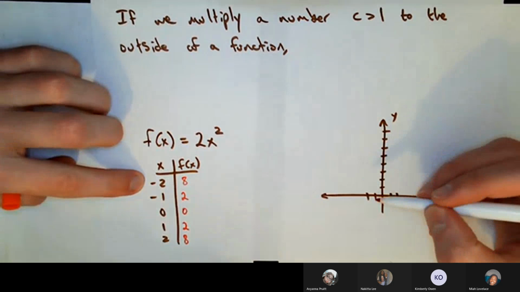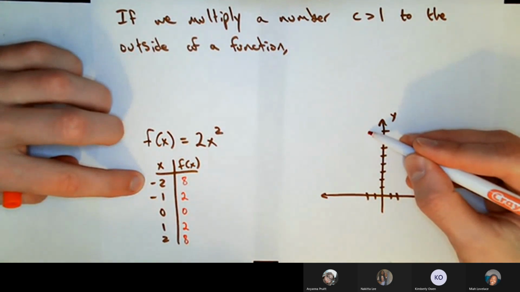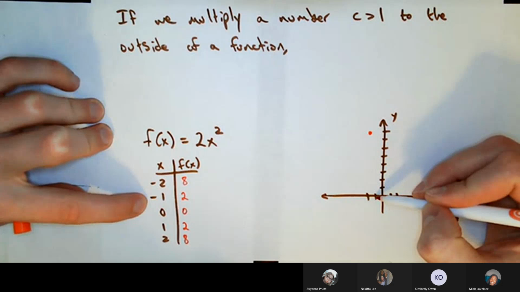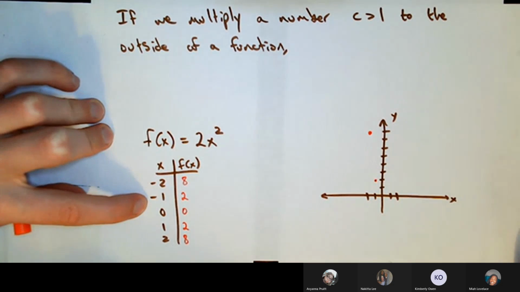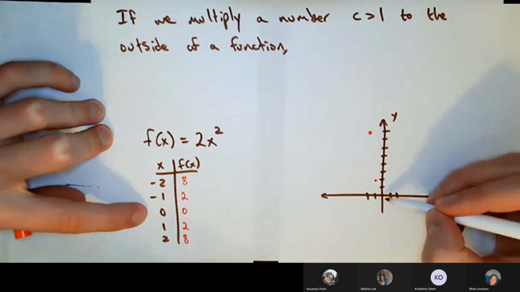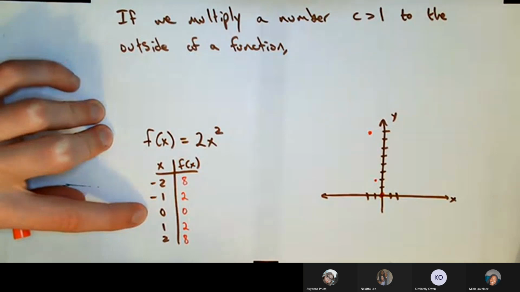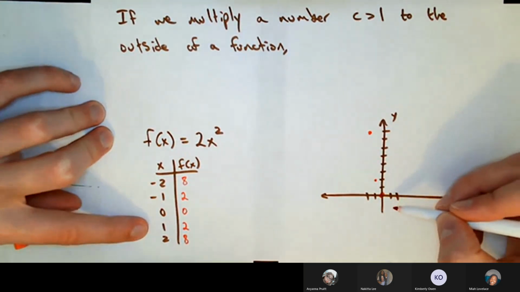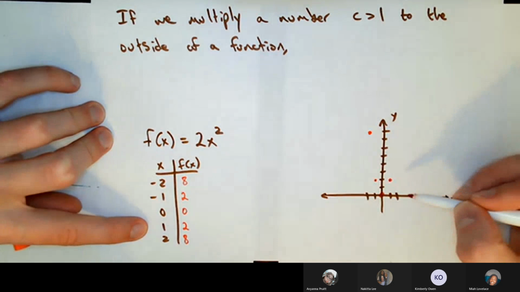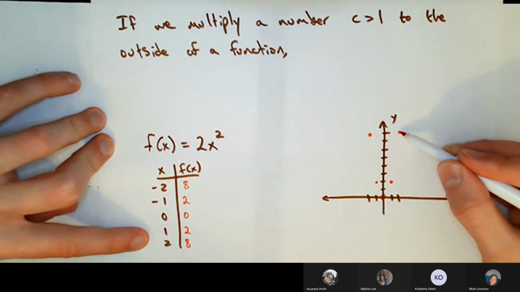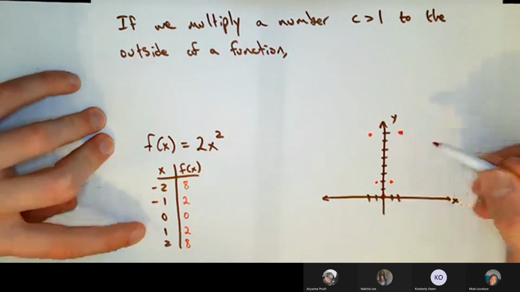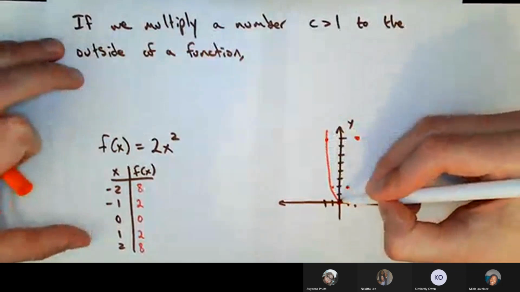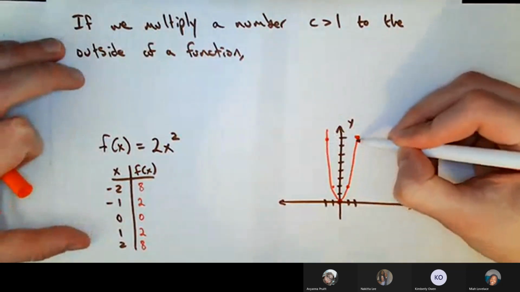My first point is at -2 for x and all the way up at 8. I'm just going to put it there. -1 for x and then 2 for y. And then, of course, the origin didn't move. That's something to note here, that the origin of the graph did not move. Then 1, 2 is there, and then finally 2, 8. So we're having the same kind of symmetry like we do with a normal parabola. Oops, I missed that point.